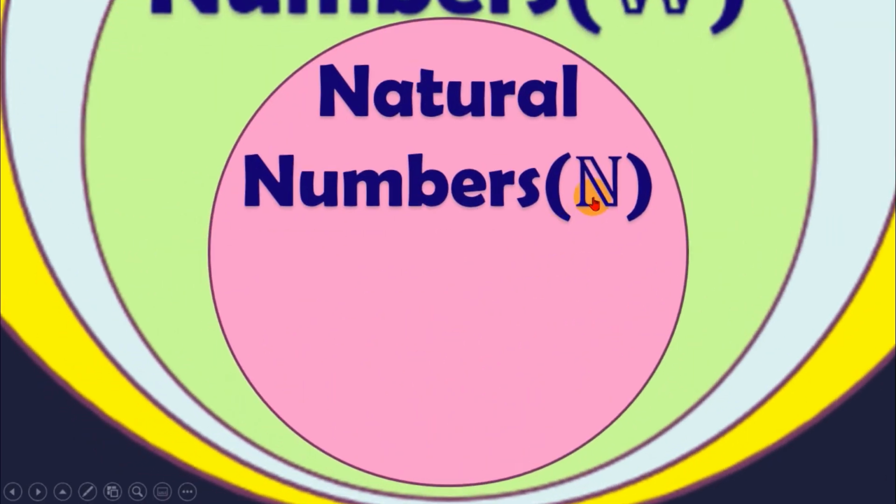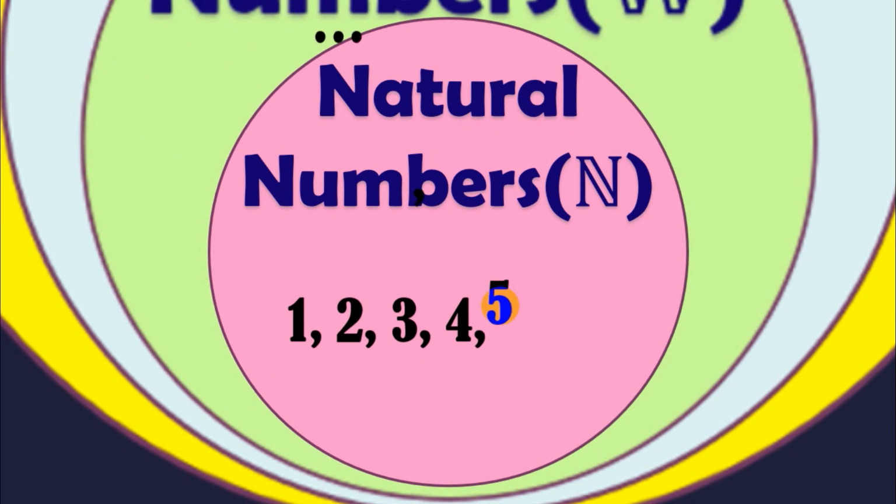Natural numbers, with the symbol N like this, are numbers that are counting numbers. We call them counting numbers because we count starting from 1, 2, 3, 4, 5, and so on and so forth. So that means if you see numbers like 17, 100, 485, they are all natural numbers.